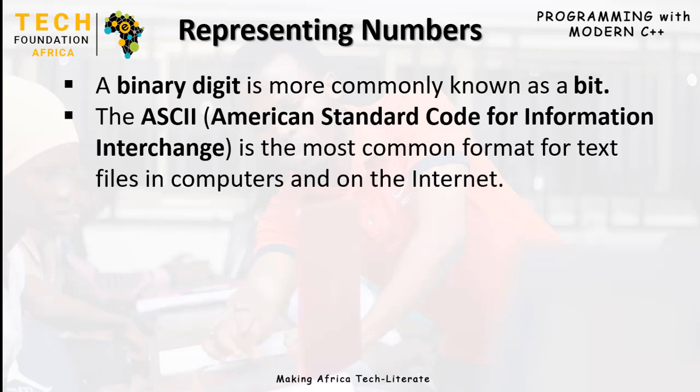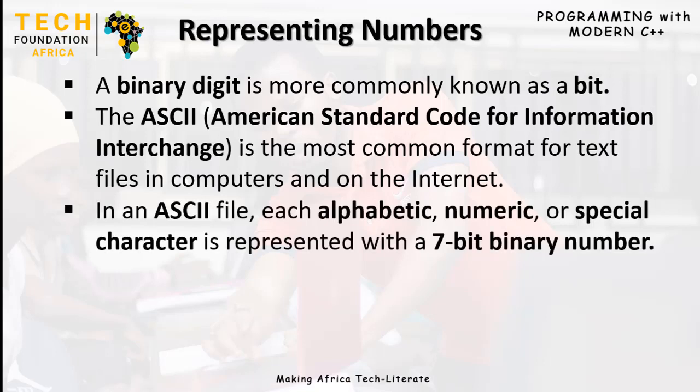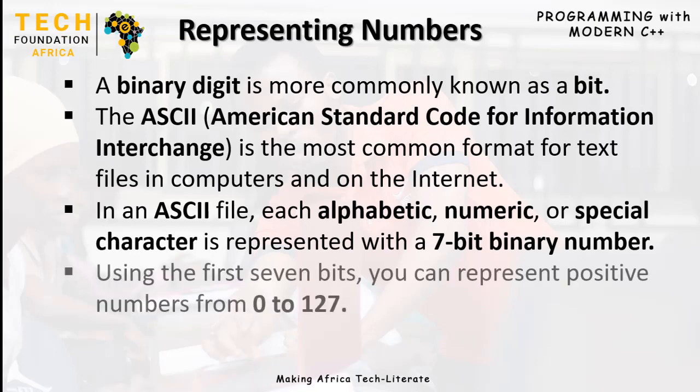There is something called ASCII, which stands for American Standard Code for Information Interchange, and is the most common format for text files in computers and the internet. Now, in the ASCII representation, each alphabet, numeric or special character, is represented by a 7-bit number, and this 7-bit number is a string of zeros and ones.